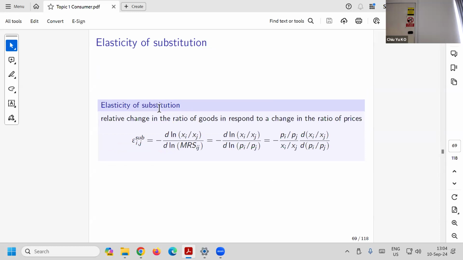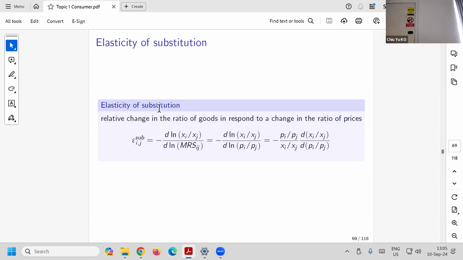Okay, this important concept is called elasticity of substitution. And the way it is defined is the following. Okay, when you see elasticity, it usually involves log. Okay, so log in terms of calculus is percentage change.